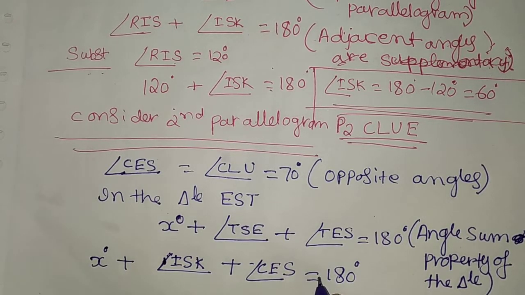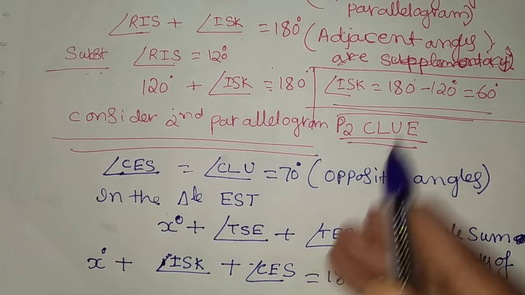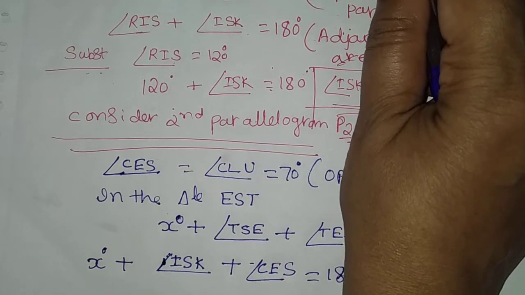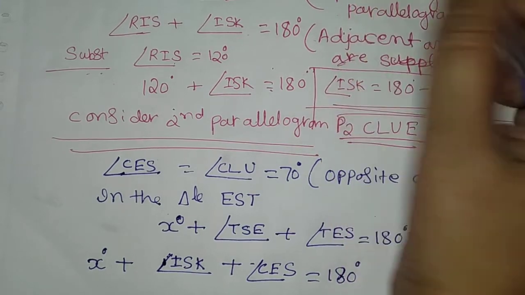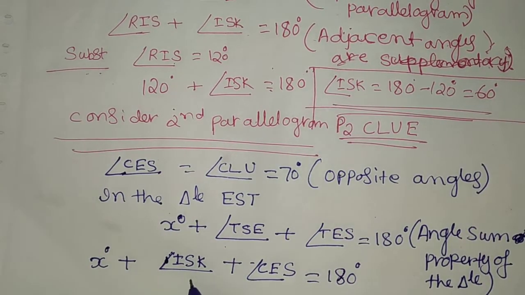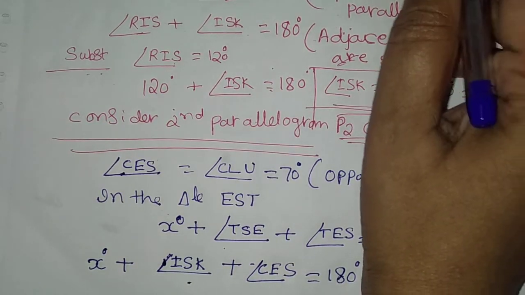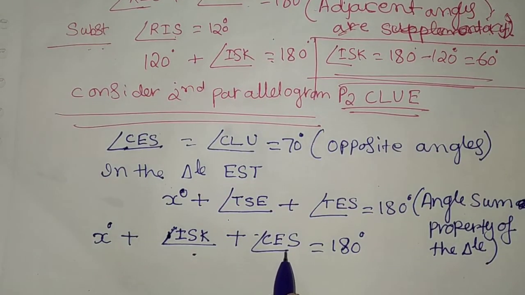So next we have to substitute the values. We can write this as ISK plus x plus CES is equal to 180.